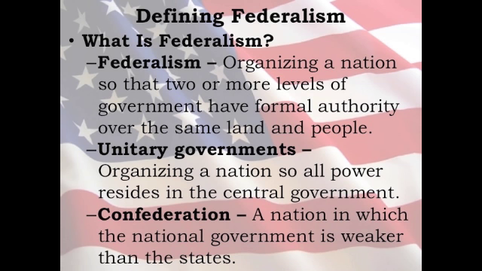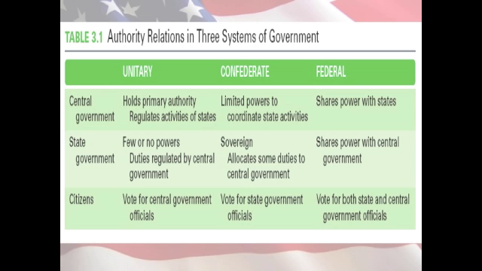The United States has over 451 governments. That includes federal, state, and local governments. This chart shows authority relations in three systems of government: unitary, confederate, and federal.